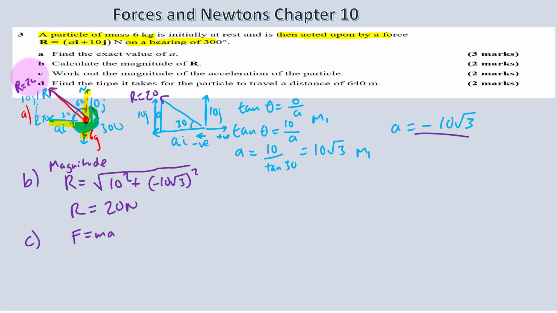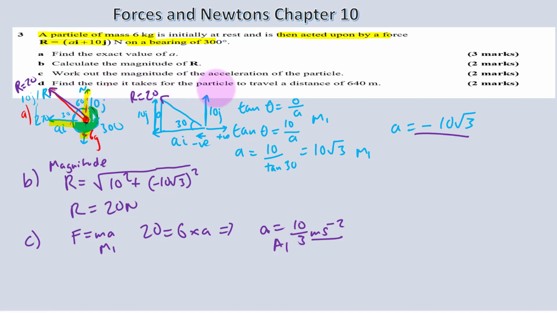So that means you've got your 20 equals, what's the mass of the object? 6 times your a. So a must equal 10 over 3 meters per second squared. You need to write that because it's acceleration, right? So that's your M1 and your answer 1.